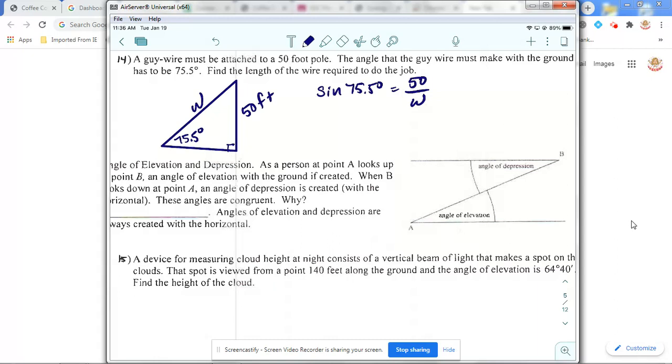When the variable is down low, we're going to switch, so W and the sine of 75.5 degrees will switch. Like I said before, this is all you would need to do for the challenge exam or the ACT, but we'll go ahead and type it in. You should get 51.65 feet as the length of wire required.